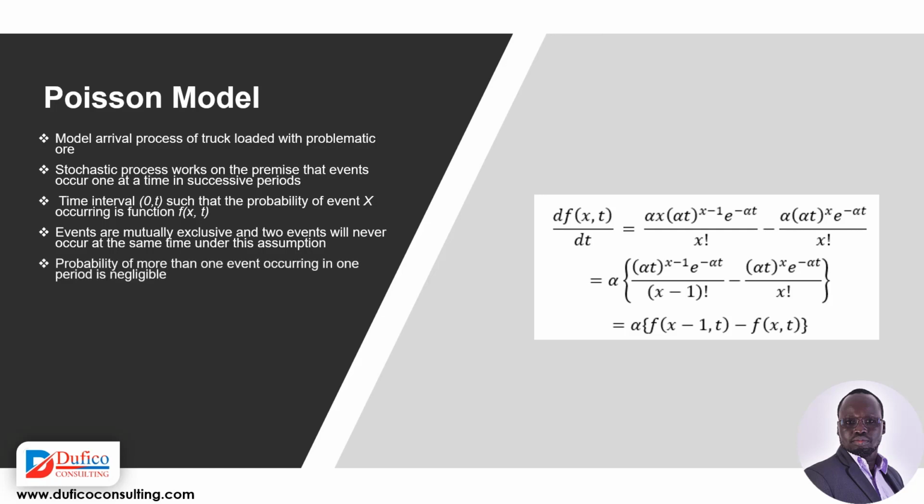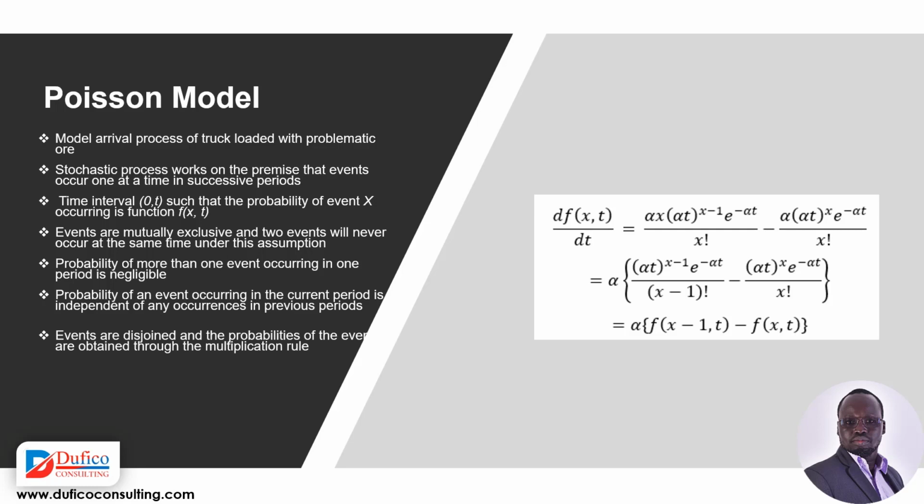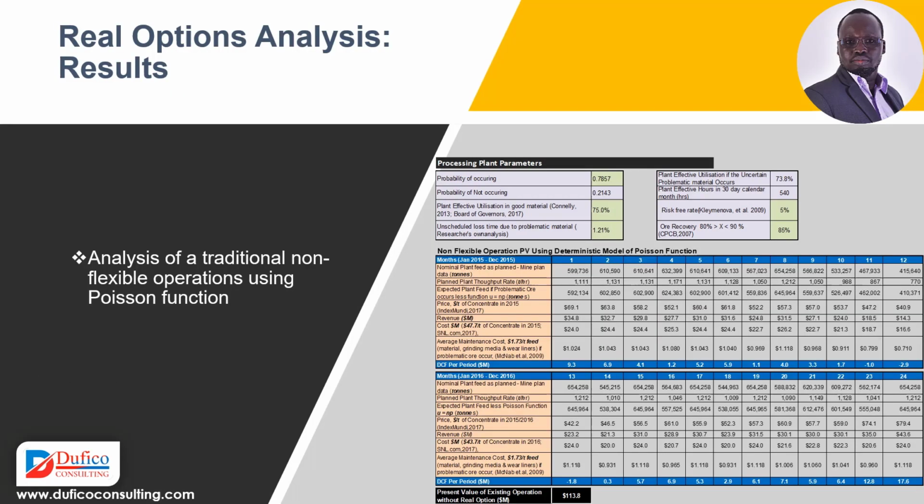A stochastic process works on the premise that events occur one at a time in a successive period, and the timetable is between 0 and t, such that the probability of event x occurring is a function of f(x)·t. Events are mutually exclusive. No two will occur at the same time, and events are disjoint in terms of probability.